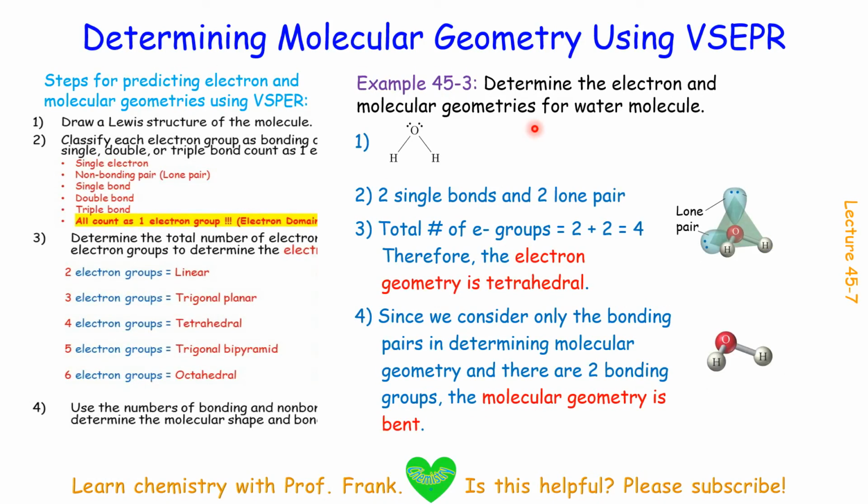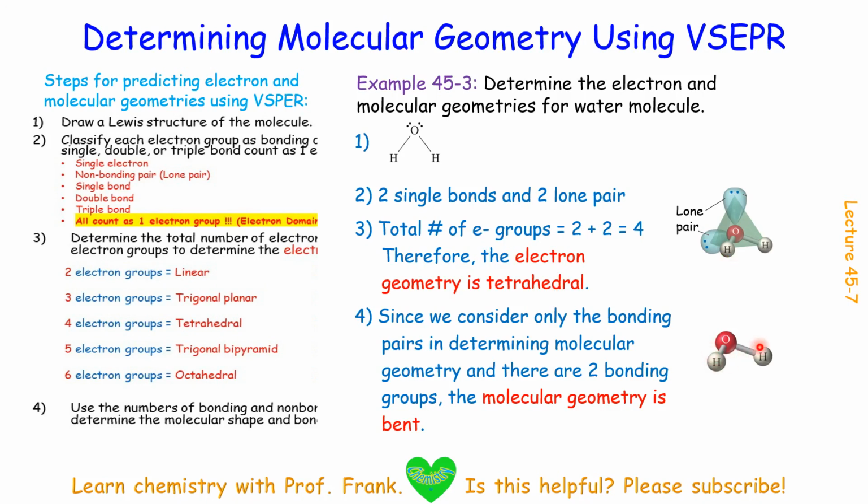Similarly, let's work on the geometry for the water molecule, H2O. There are 2 single bonds and 2 lone pairs. So the total number of electron groups is 4. Therefore, the electron geometry is still tetrahedral, the same as carbon tetrachloride and ammonia.